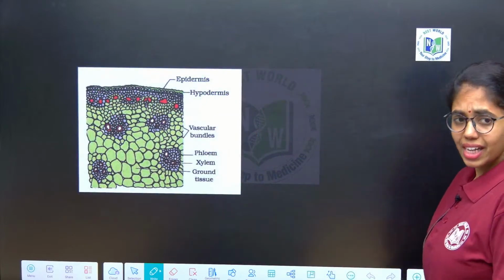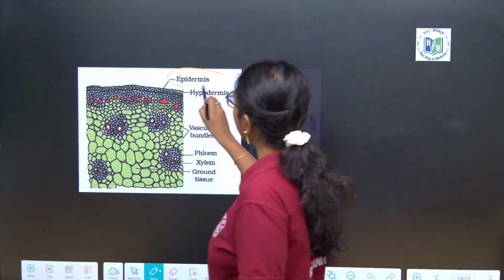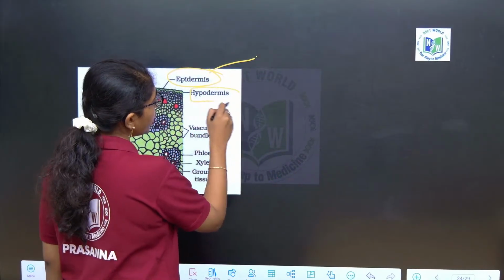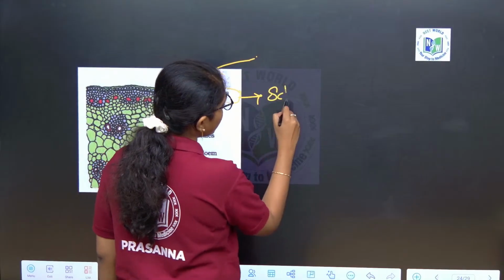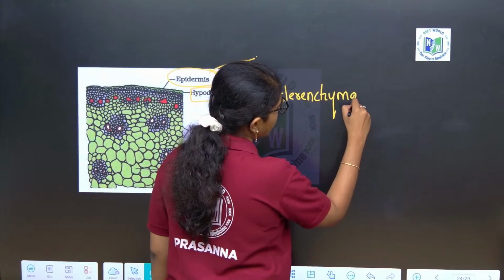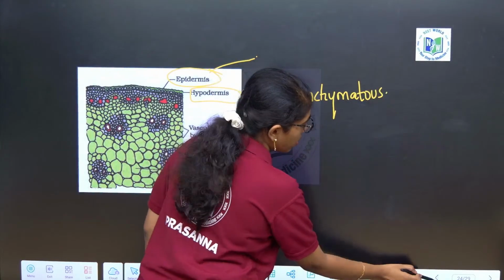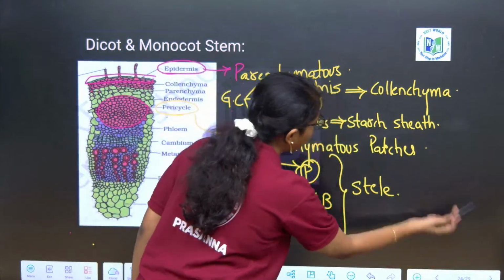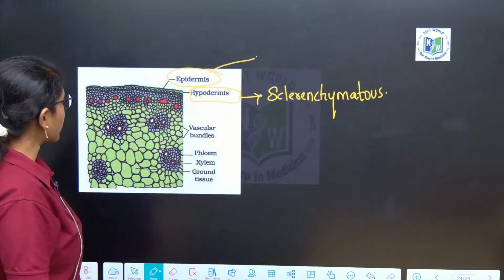Monocot stem is very simple. Epidermis, you know, is made up of parenchyma only. Below that, hypodermis here is having sclerenchymatous patches. What does it have? Sclerenchymatous patches. In dicot stem it has collenchyma; in monocot stem, what is it having? Sclerenchymatous patches.